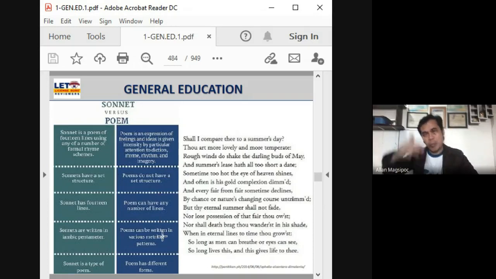Kasi ang poem ay pwedeng iba-iba ang meter. So dito dinidifferentiate ang sonnet and poem. So ang answer natin sa question, additional information na lang ito kung paano natin idi-differentiate ang sonnet and poem.